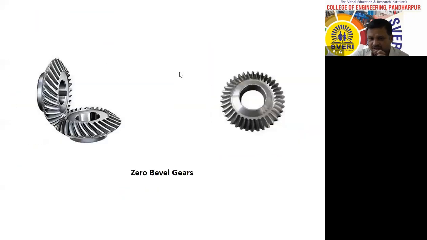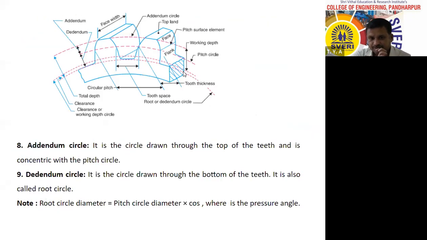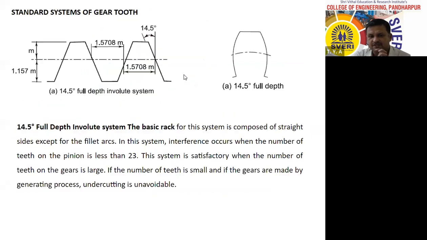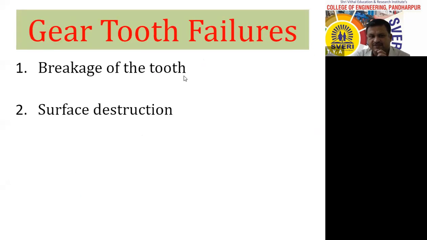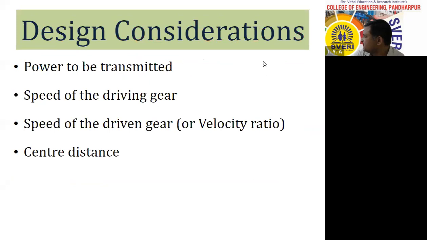Actually, in syllabus, your point starts from this design considerations. But that theory is very important. If that theory you will understand, definitely this remaining part you can understand. Therefore, next point is design considerations.